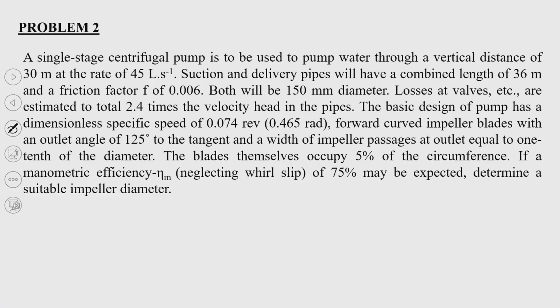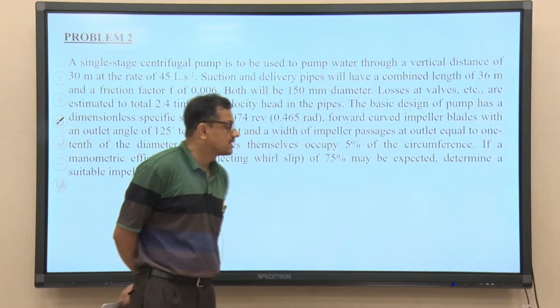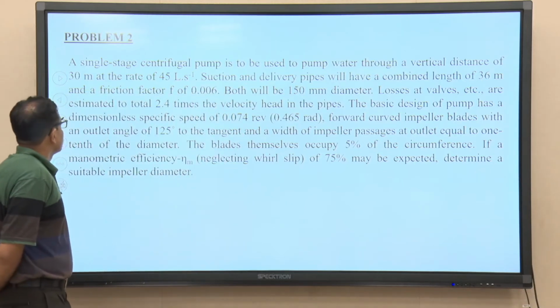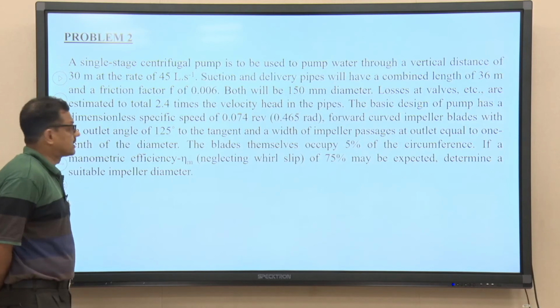The statement is: a single stage centrifugal pump is to be used to pump water through a vertical distance of 30 meter at the rate of 45 liter per second. So the pump needs to supply water to a place located 30 meter above the suction sump, at a flow rate of 45 liter per second.